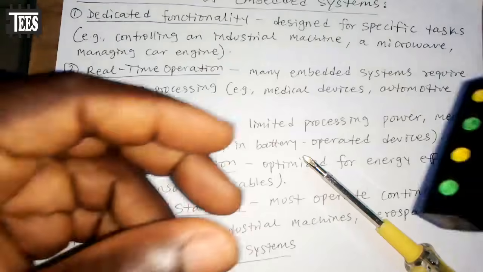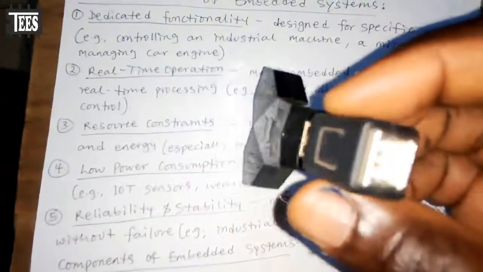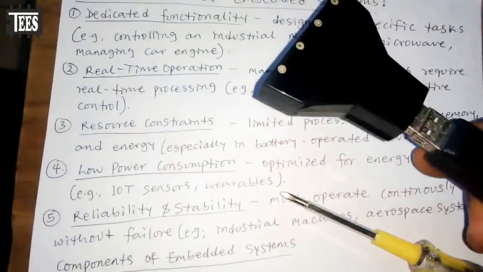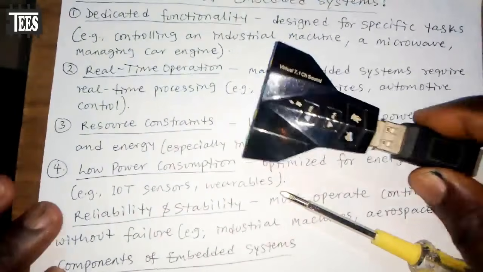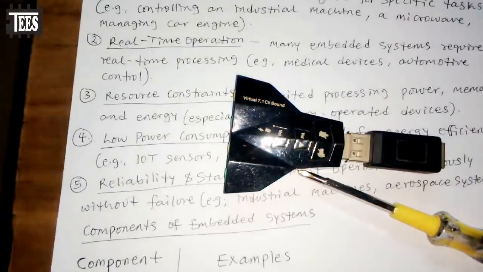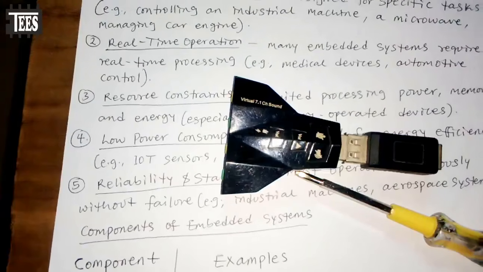For example, this is a USB computer sound card. This is also an example of an embedded system. We also have other systems like what I have here. Here is an MP3 player.